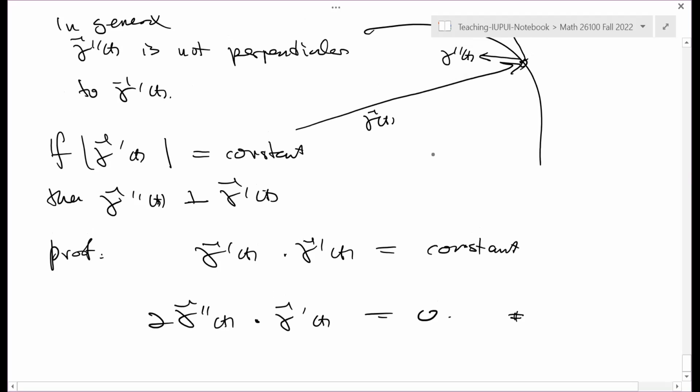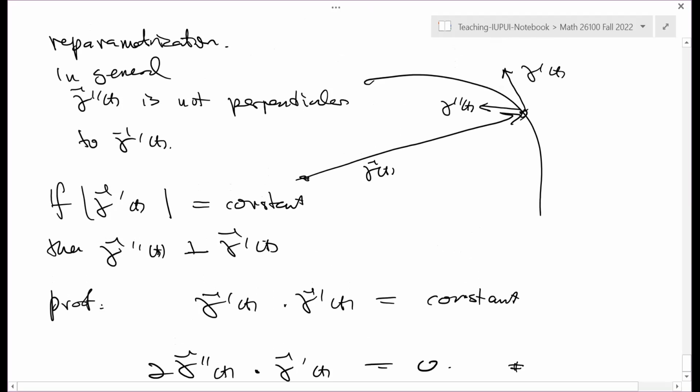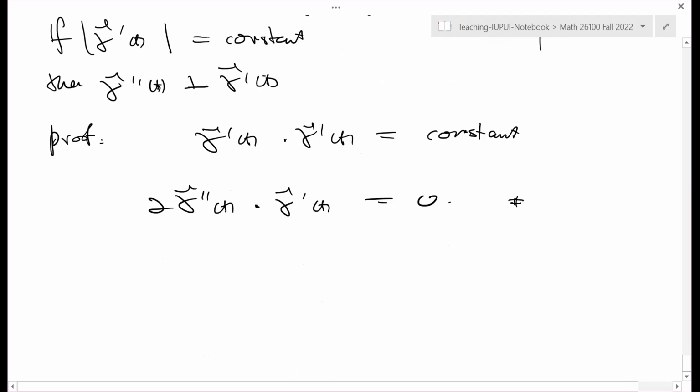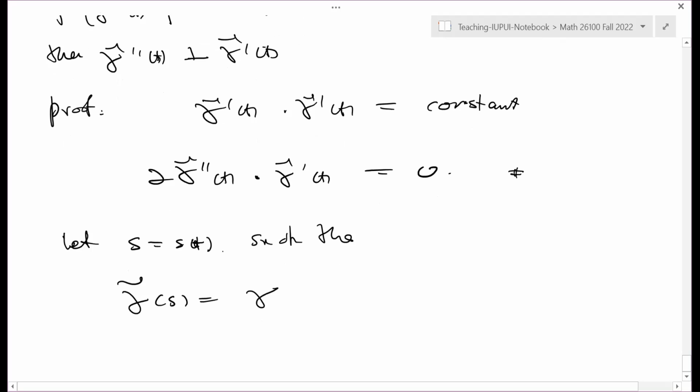For the same point, I describe it: I let S be S of T. It depends on T, such that gamma 2 dot S is always equal to gamma T. All right, so that means S of T gives gamma.